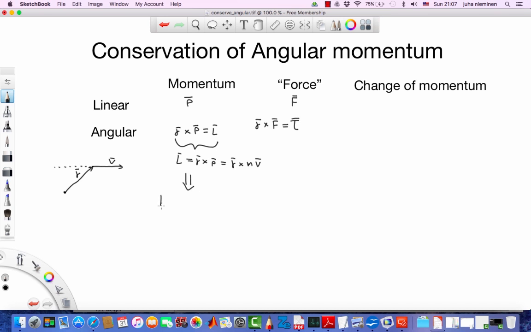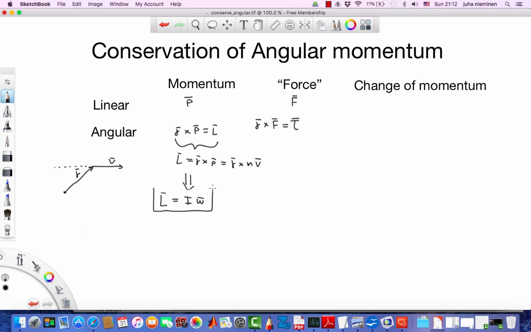If the object is symmetric about the rotation axis, in that case the angular momentum, or the summation of the individual angular momenta of all the particles, results in the following: the angular momentum of the object is the moment of inertia multiplied by its angular velocity.